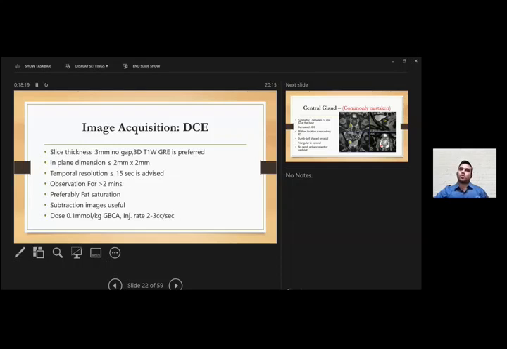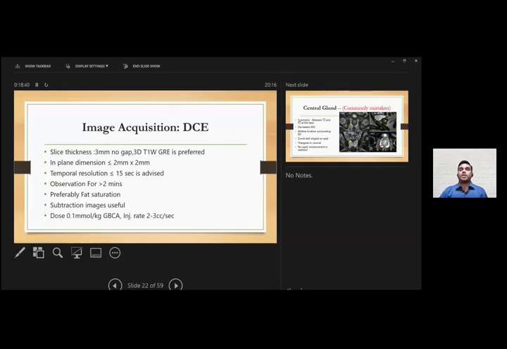Modern scanners can now scan the entire prostate within 5 to 8 seconds. And we should continue acquiring images for 2 minutes or more. Preferably, the image acquisition should be fat saturated, and post-contrast and pre-contrast subtraction images may be useful.